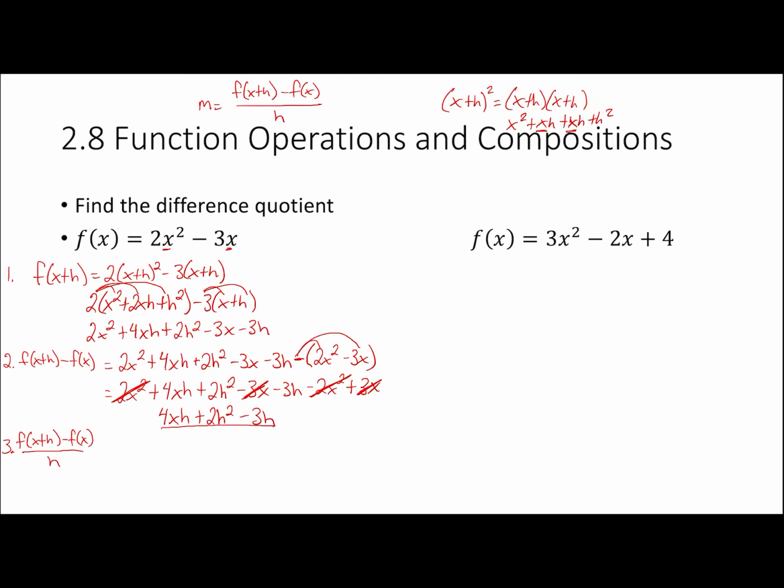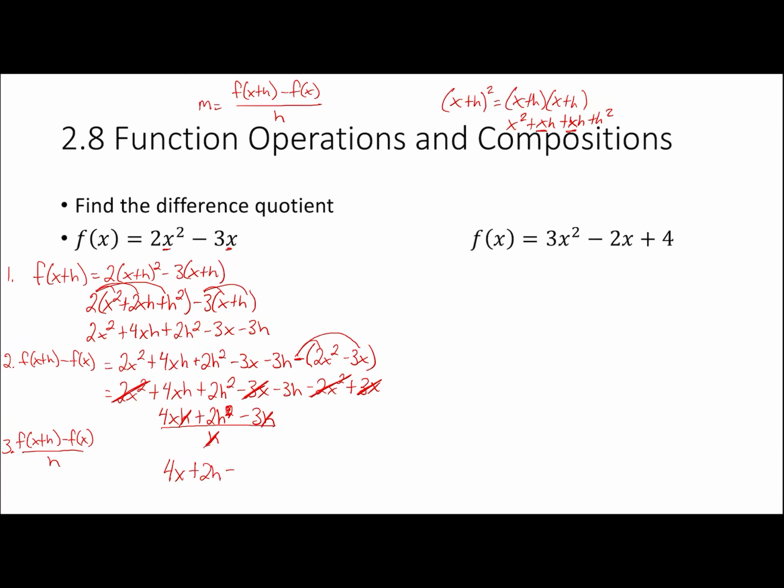So then step 3 is to take all of that, so the f of x plus h minus f of x, and divide that by h. So we're going to take this stuff that we just found and we're going to divide it by h. And so what happens here, if you've done this correctly, is this h on the bottom is going to cancel an h out of each term. So it's going to cancel this h, one of these h's, and this h.